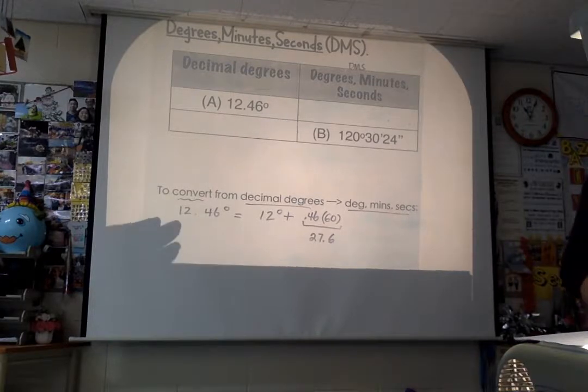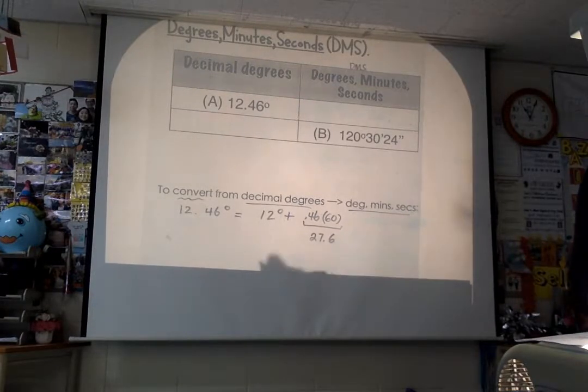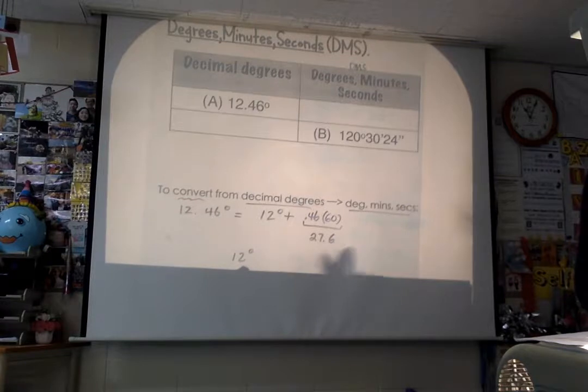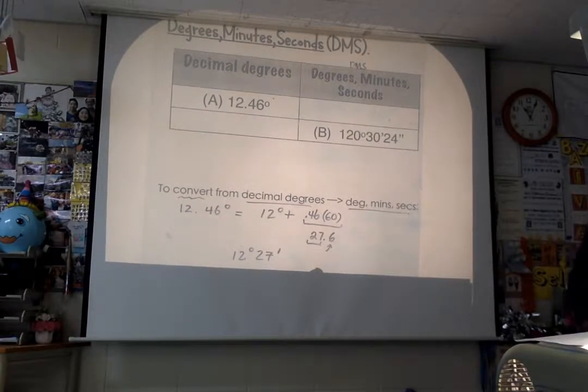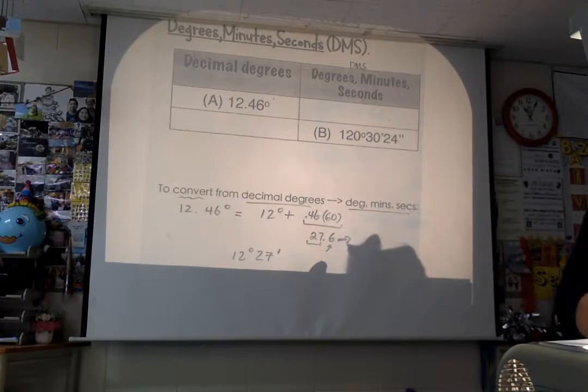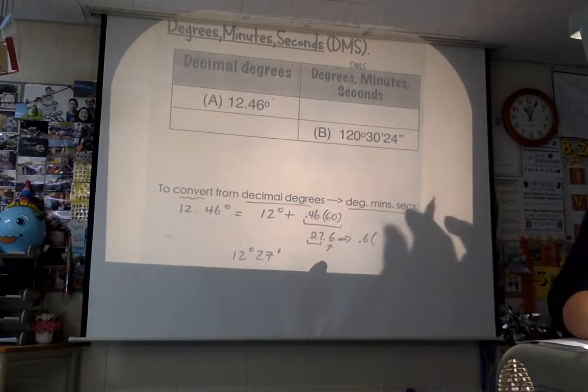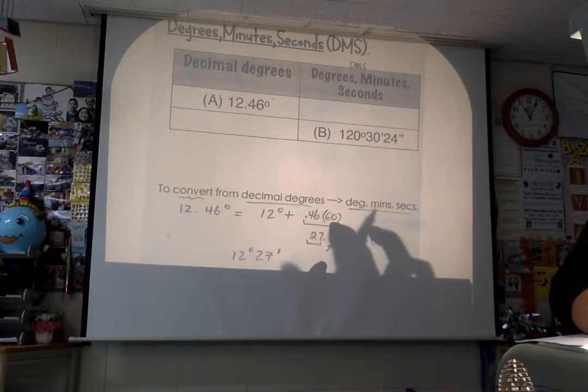So we're not done. Right now, so far, we have degrees, 12. Minutes, we have, you're right, the whole number part here, the integer part, 27 minutes. Now we've got to finish the seconds. We still have this 0.6 to deal with. It's 0.6 of a minute.